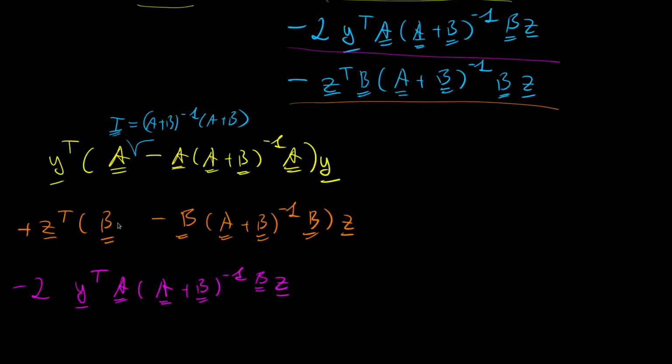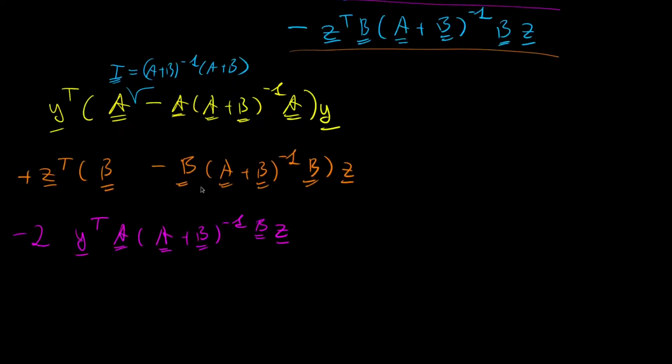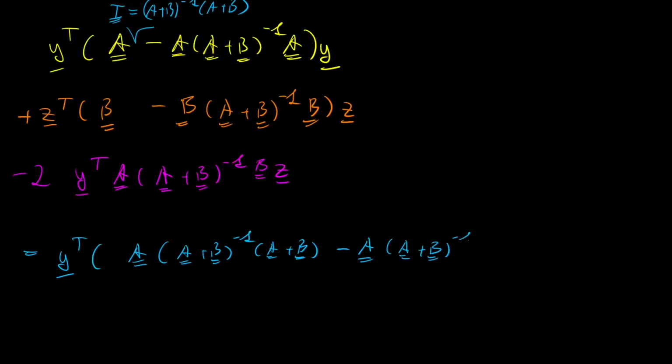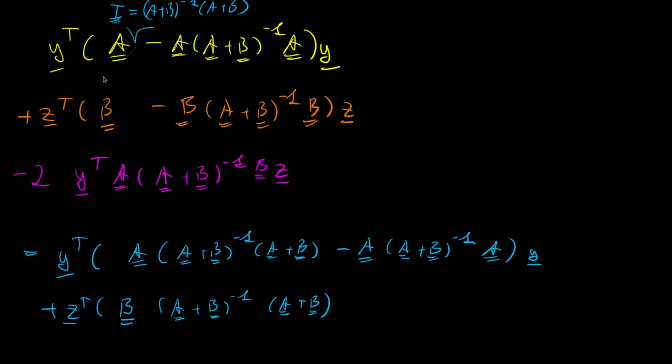And we will do the same for the B here. And then we can rewrite our equation to get, well, this will be a little lengthy, so we have vector y transpose of matrix A times A plus B in brackets inverse times A plus B minus A times A plus B in brackets inverse times A, closing brackets, and then vector y, plus z transpose matrix B times A plus B in brackets inverse times A plus B, because we did the same thing in this equation here, so maybe also put this here, so it would be the same that we do here, minus B times A plus B in brackets inverse times B, and then closing brackets z.